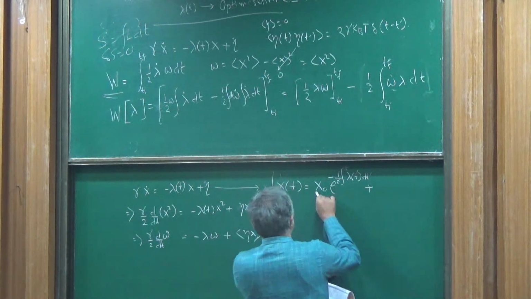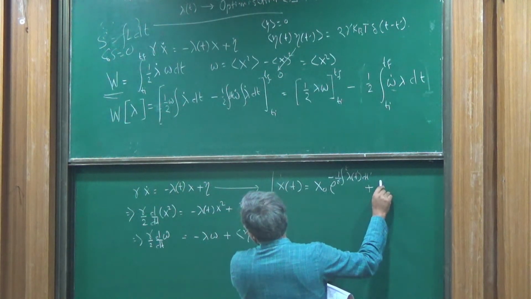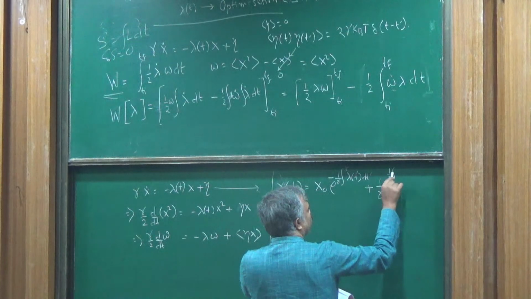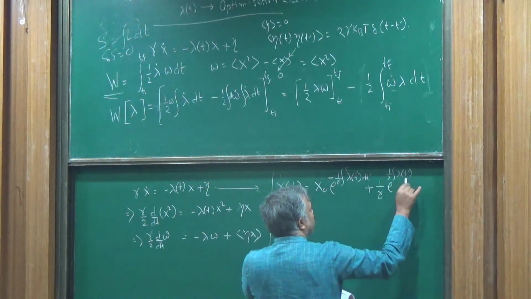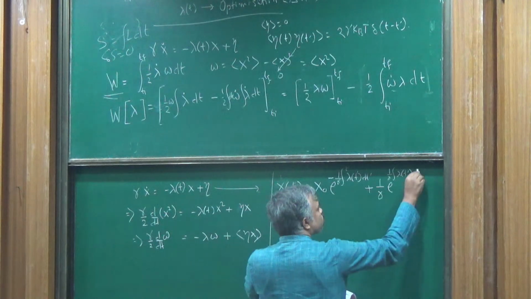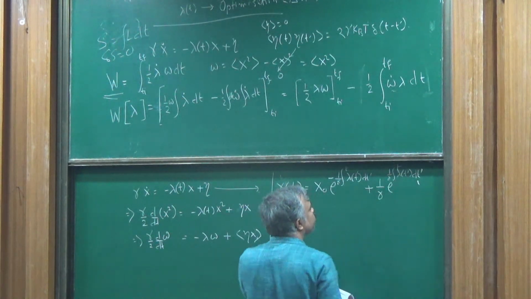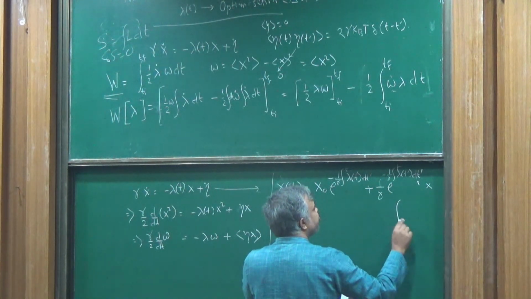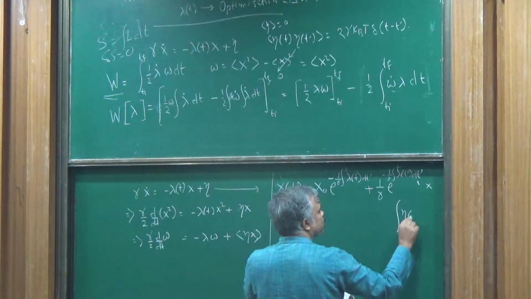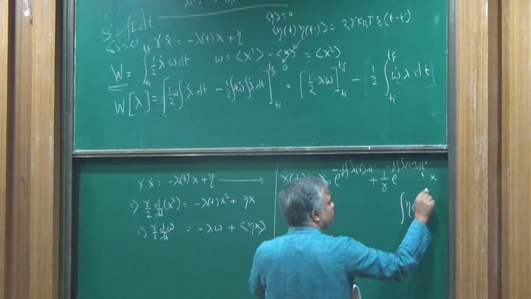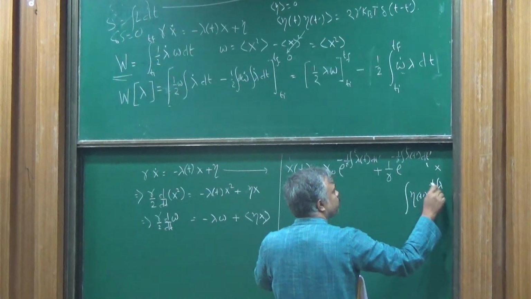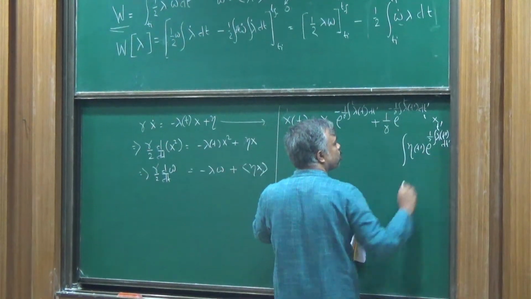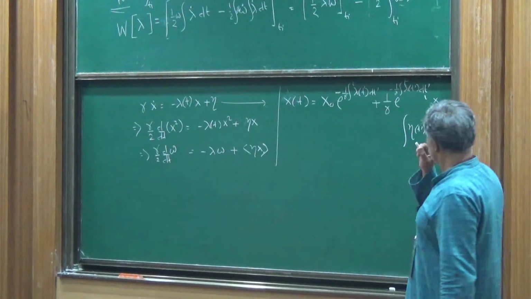Then I have 0, this is multiplication. Am I correct?